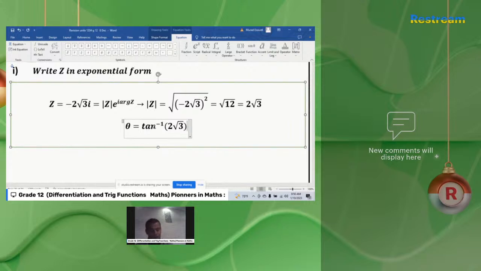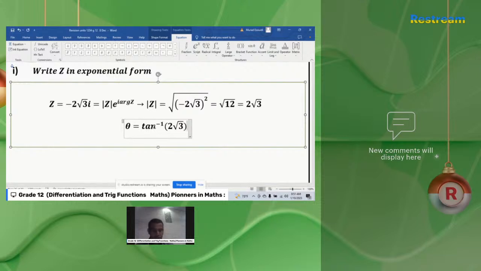In fact it is negative, but you should put it as an absolute value. Shift tan of 2 times root of 3.